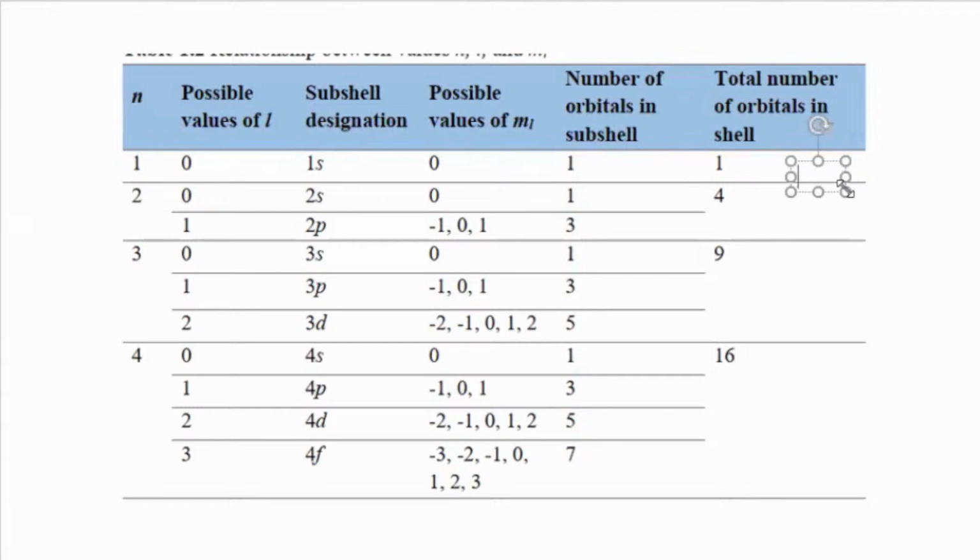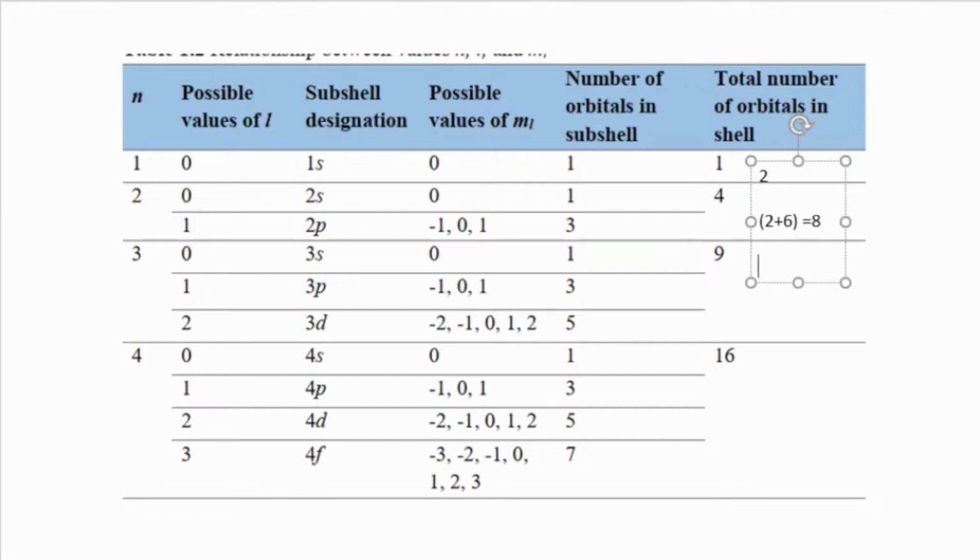Here, the maximum number of electrons is 2. Then here, 2 plus 6, altogether 8.